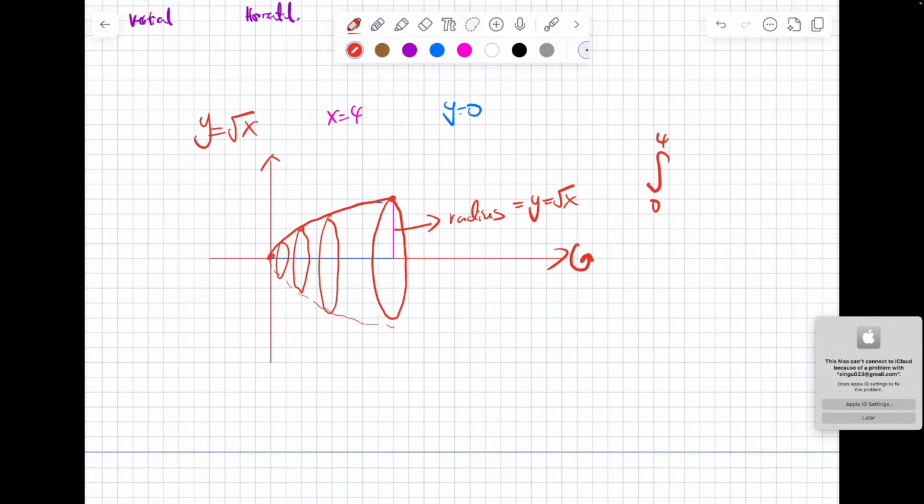Well, the radius is based on what? Square root of x, right? This is r of x. Does that make sense? And then square it, times dx, and don't forget pi. This is how you find the volume. So this is the disk method.